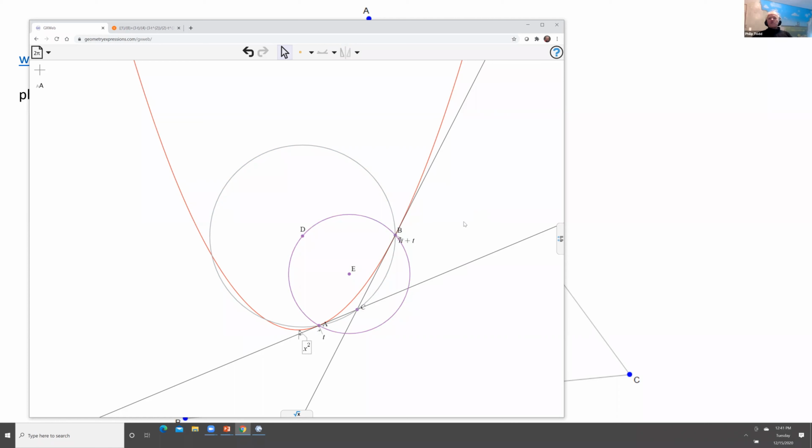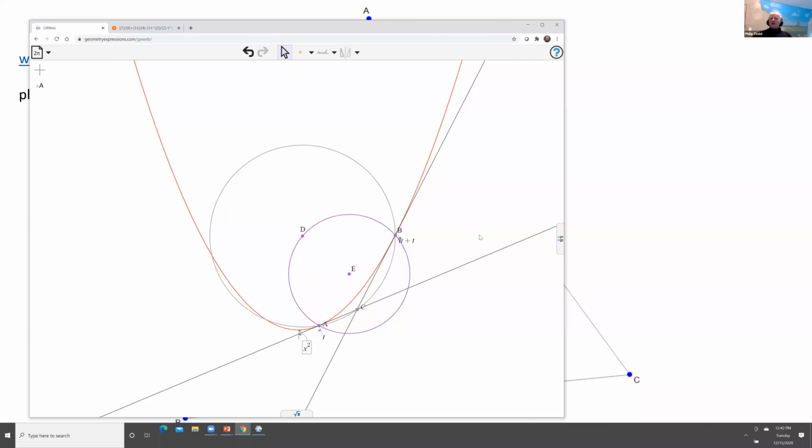So this purple circle then is the locus of the intersections of parallel rays of light which strike A and B and then reflect. So it's the intersection of the reflections, their locus.